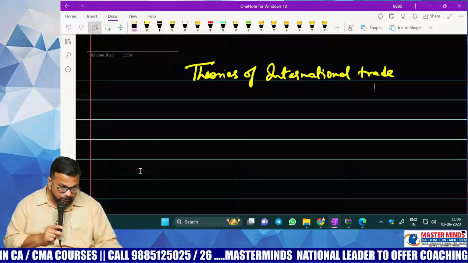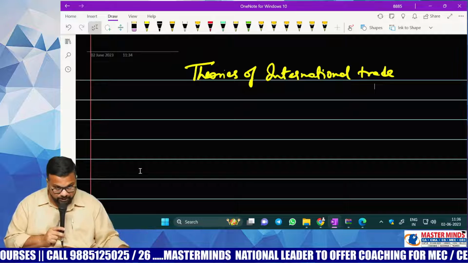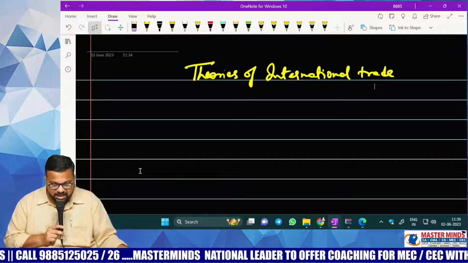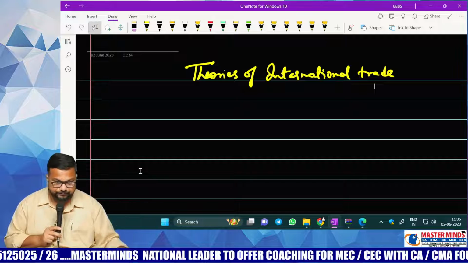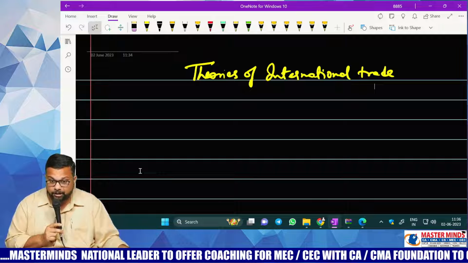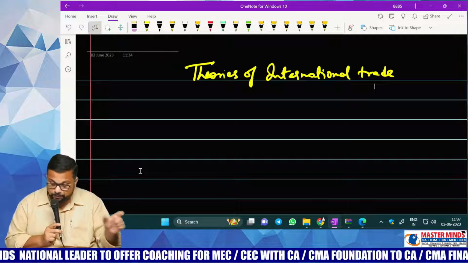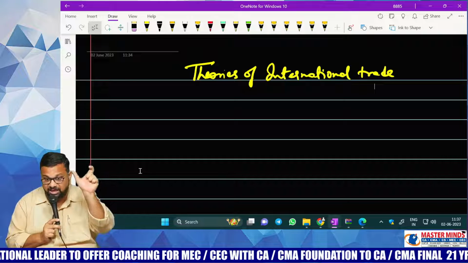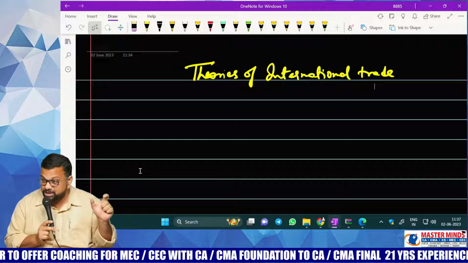For example, if India is able to produce laptops for 65,000 rupees, and is able to import the same laptop for 65,000 rupees, there is no need to participate in international trade. It will only import laptops from USA when it is able to purchase those laptops at 45,000 rupees or 55,000 rupees. So there should be a considerable benefit for the country. Then only it will participate in international trade.